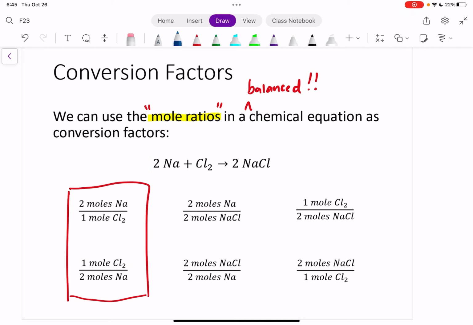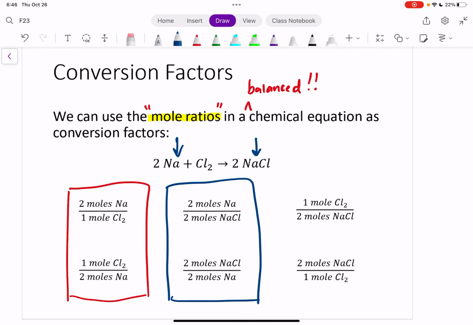You can do that with other parts of the chemical equation as well. Now I want to look at just sodium and NaCl, the relationship between those 2 things, the mole ratio. I'm going to write 2 conversion factors from just those 2. If I put in 2 moles of Na, I'm going to get out 2 moles of NaCl.